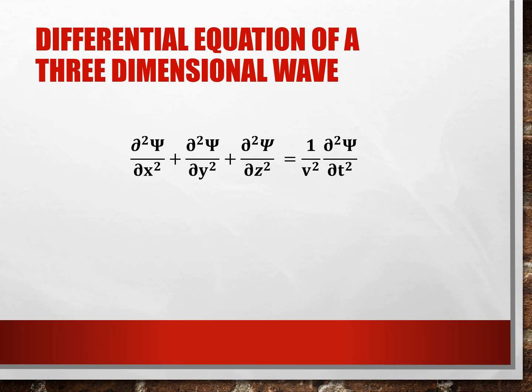For a three-dimensional wave, we have three terms on the left-hand side showing the variations of psi along the x, y and z directions. So the differential equation of a three-dimensional wave is given as ∂²ψ/∂x² + ∂²ψ/∂y² + ∂²ψ/∂z² = (1/v²) ∂²ψ/∂t².